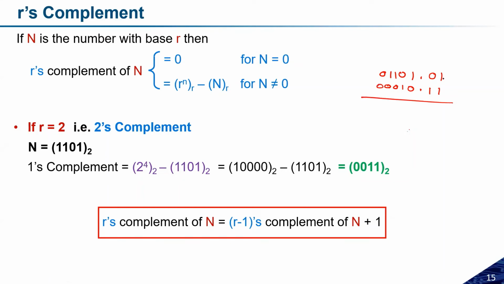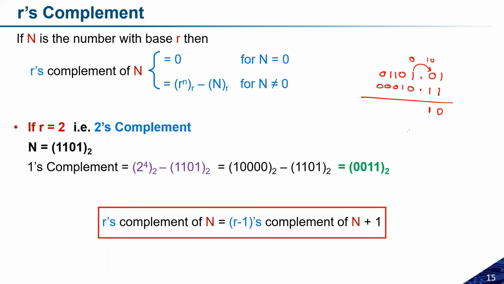In that case, 1 minus 1 is easily doable, it is 0. But here we want to subtract 1 from 0, which is not possible, so I have to take the borrow from here, so that becomes 10. 10 minus 1 is 1, and because this was 1, this becomes 0.